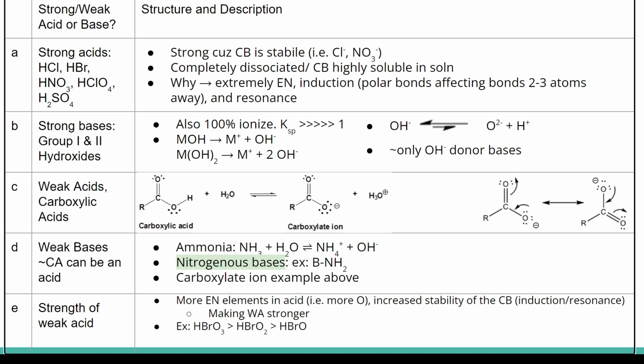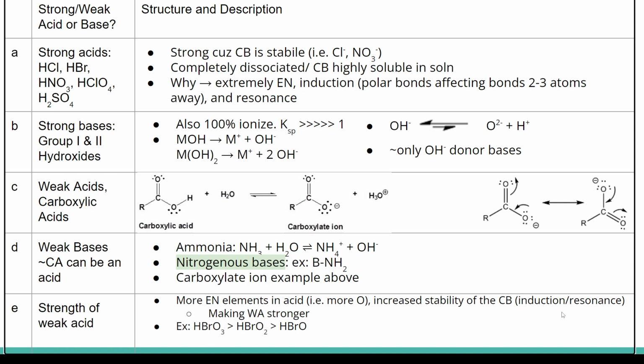And so all of these structures, well, not all of them, but most of them have some kind of resonance in it with all the oxygens attached. And so as I have more oxygens, that means this acid over here is stronger compared to this one, because those have less oxygen. Again, the oxygens are increasing the stability of the conjugate base. So for example, HBrO3, the conjugate base is going to be without the H, so it'd be BrO3 minus 1.